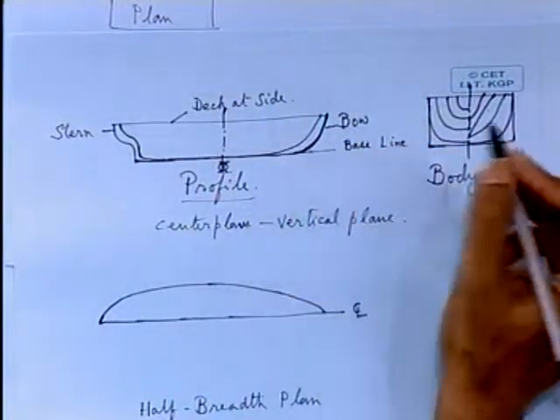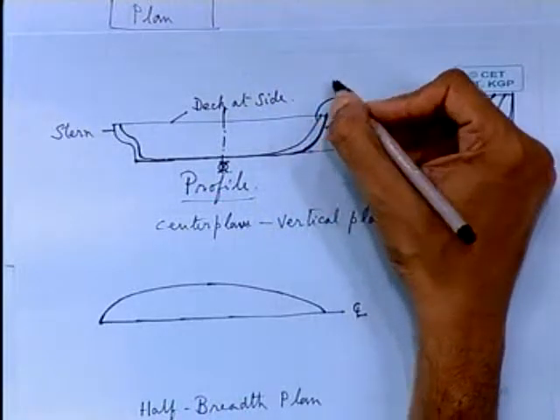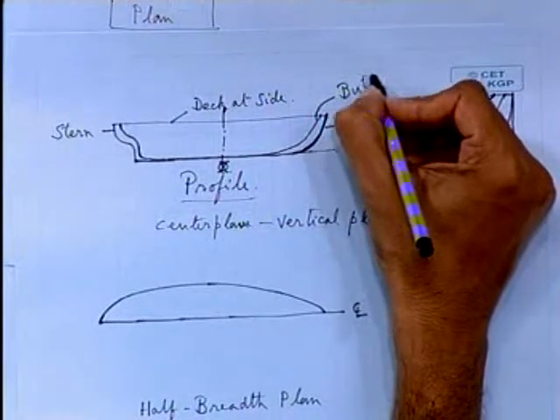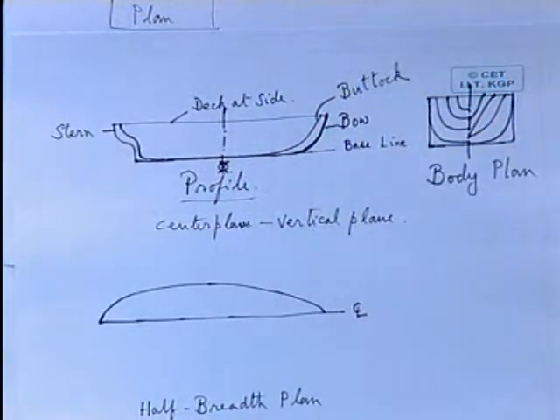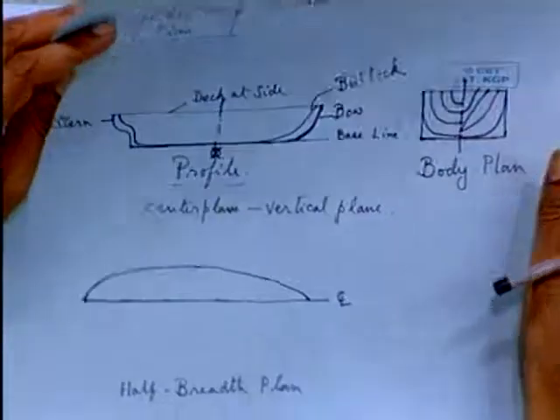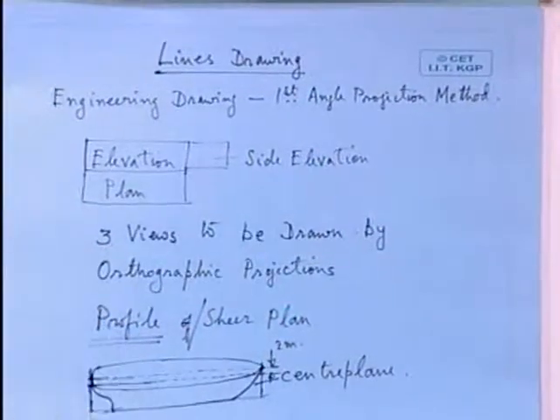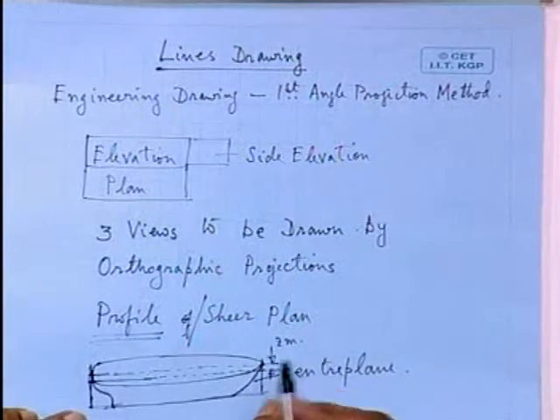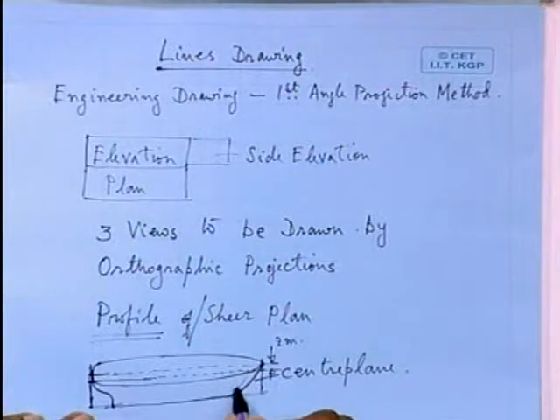Sometimes this is also called the center line buttock. So, this curve is called a buttock. So, this buttock actually gives the intersection of the hull form by a vertical plane which is positioned some distance away from the center plane.